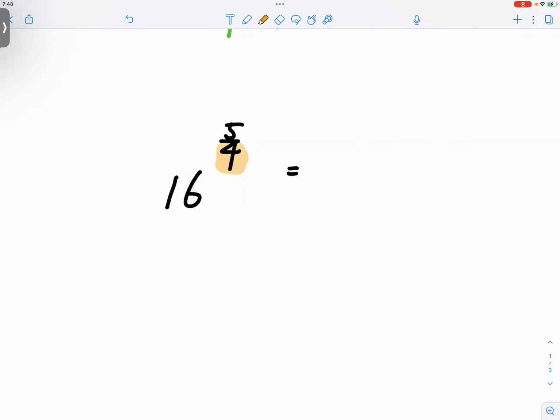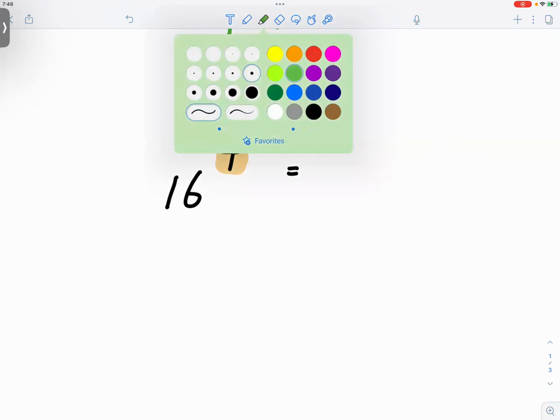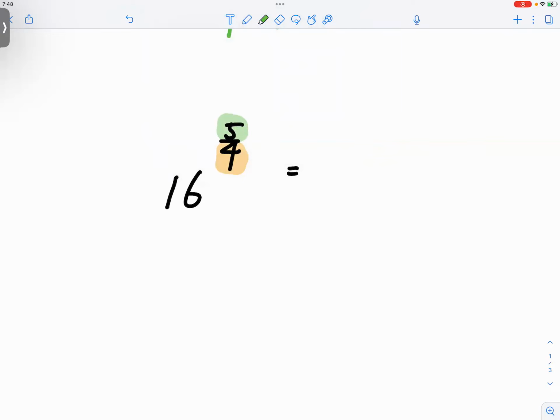And then let's go ahead and raise it to the 5th power. What's 2 to the 5th power? 32. So therefore, this ugly thing is equal to 32. So you have to get yourself into a routine that you spot out the exponent, and then you go into a little program in your brain and say, okay, the denominator is the root, the numerator is the power.